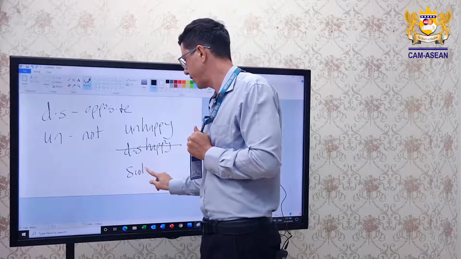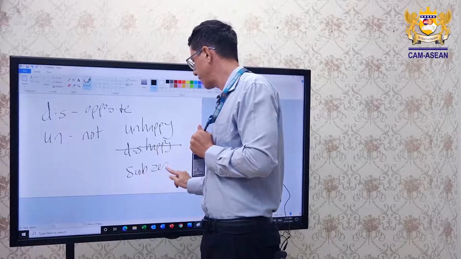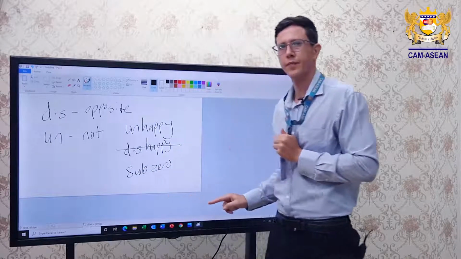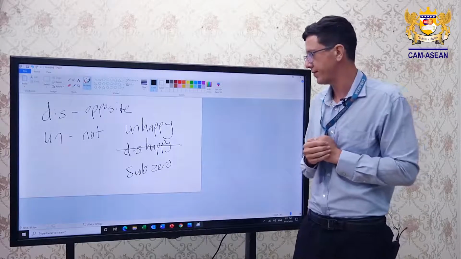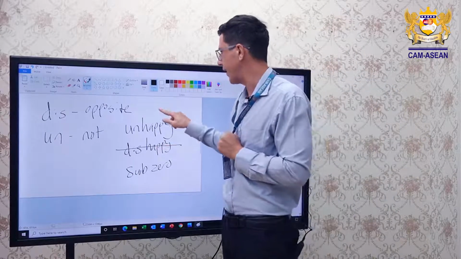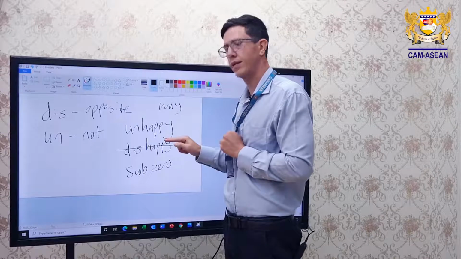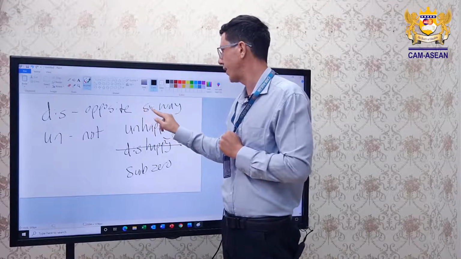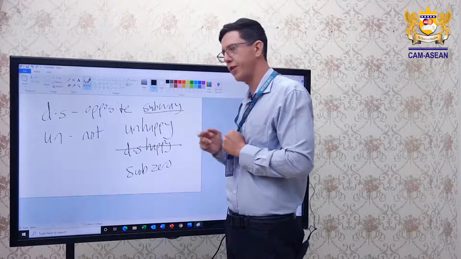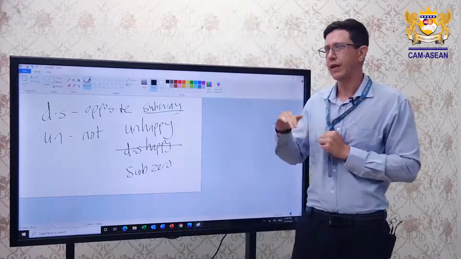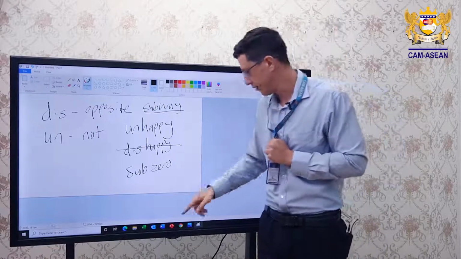Sub, zero. Things like this, okay? Same thing, we have a way, a road. Could be subway, the road under the ground. And this is just how we build all kinds of words.